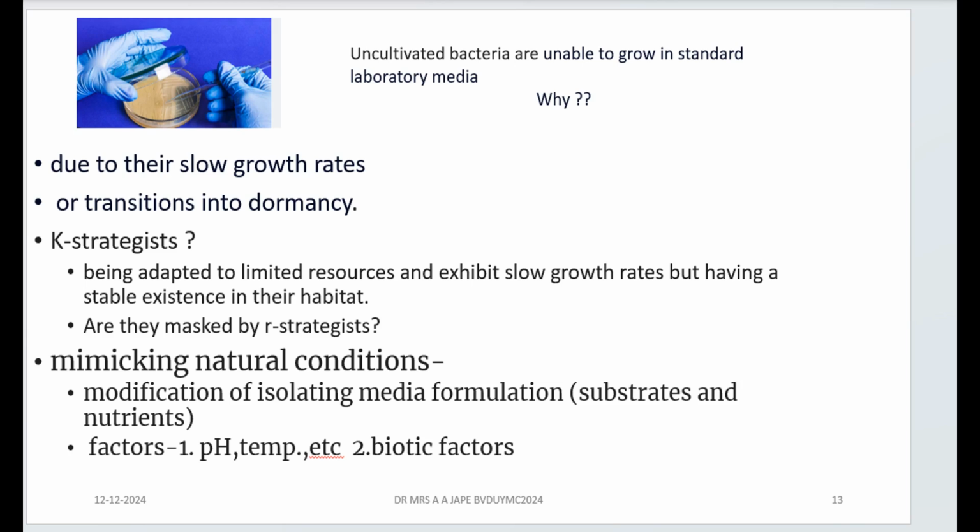There may be certain errors in that also. So all these things are to be taken into consideration when you are talking about molecular tools as methods to characterize or check the presence of unculturable bacteria.